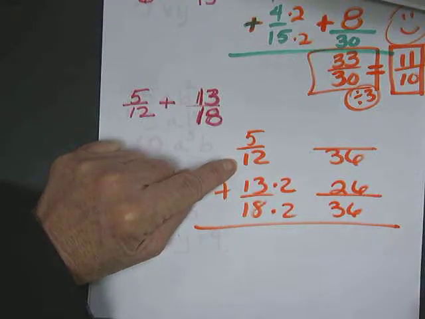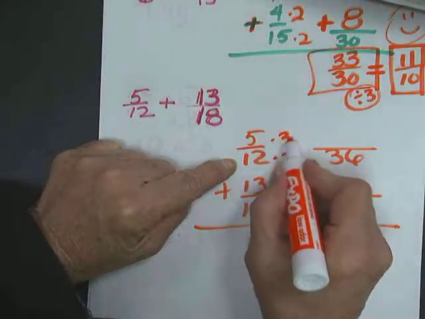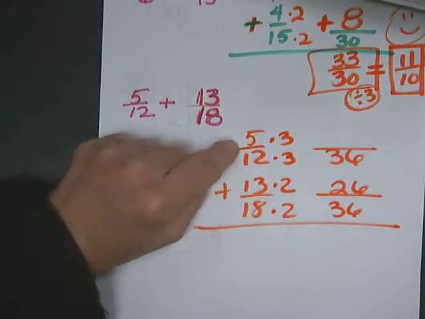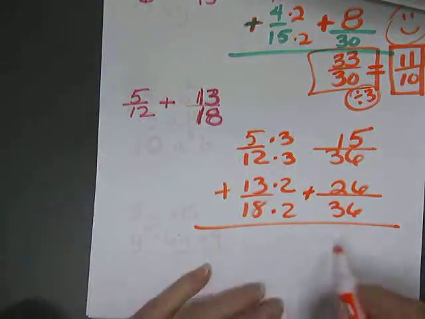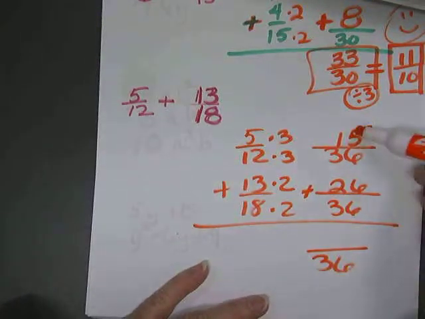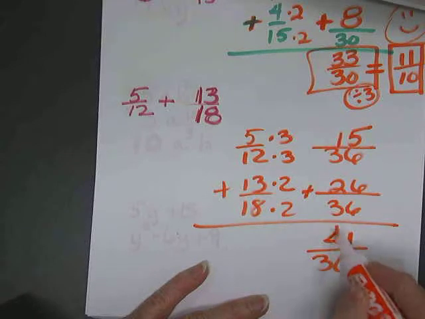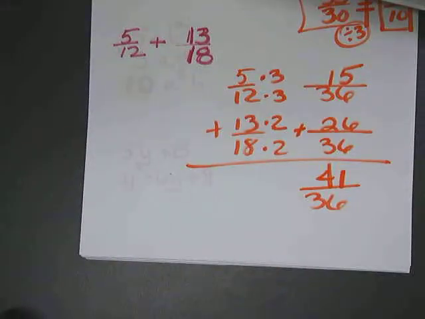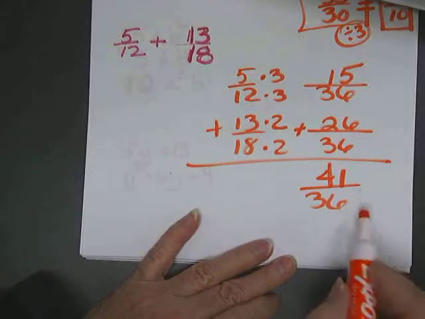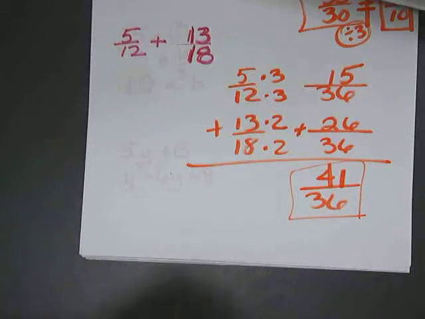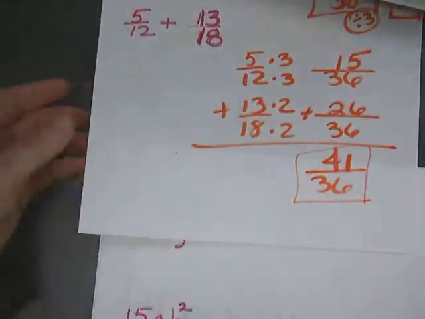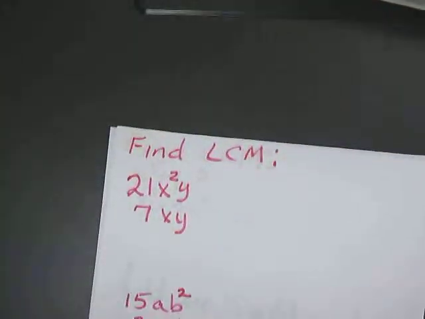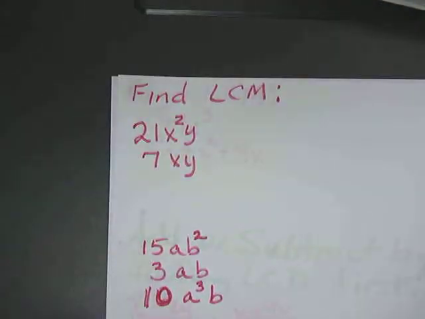So 13 times 2 is 26. 12 times what? 3. This is just a review of how to do fractions. 5 times 3 is 15. So we have 36 in the denominator, and 41 over 36. 41's prime, isn't it? So we can't divide it by anything, so we're definitely done.